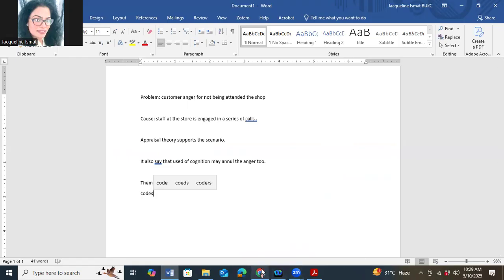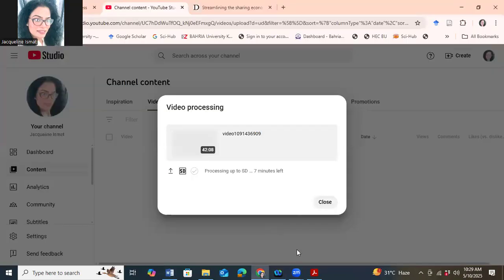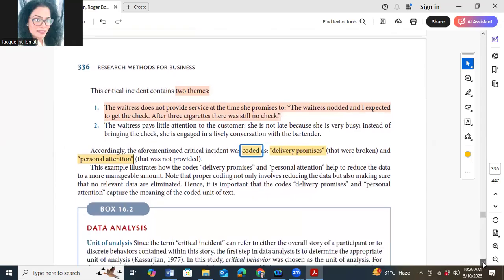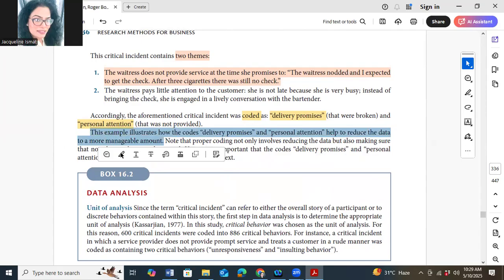Okay. This time, lesson perspective. ध्यान रखिएगा हम डेटा रिडक्शन पे काम कर रहे हैं. सही है. So this example illustrates how codes, delivery promise, and personal attention help us to reduce the data to a more manageable amount. देखिए हमने किया क्या?